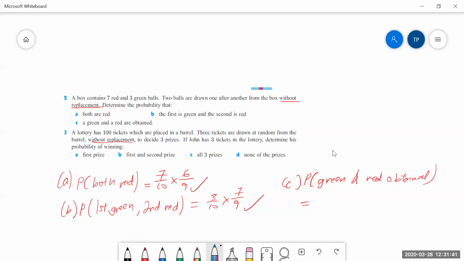This is how it is translated: first red, second green, or first green, second red. Over here, first red and second green is times, first green and second red is times, but the or is plus.